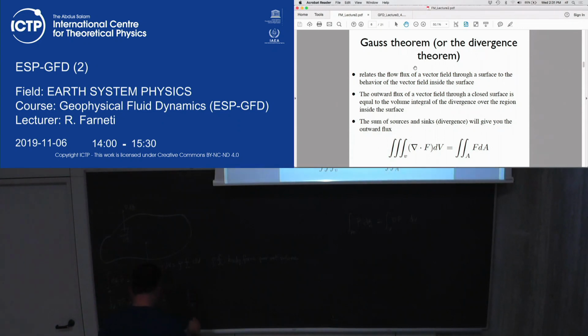And we can rewrite this as grad P minus rho F equal to 0. And for a continuous integrand, this is grad P equal to rho F.